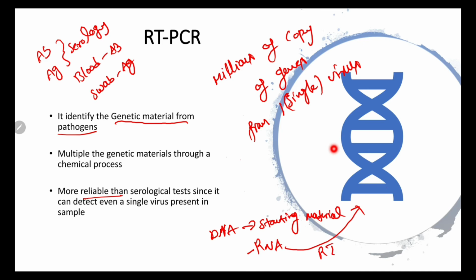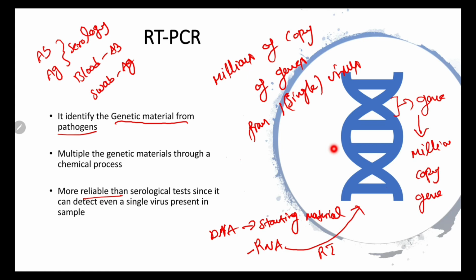So there will be a reverse transcription and the RNA will be converted into DNA. From this, the specific gene will be identified and multiplied many times and we will get millions of copies of the selected gene.